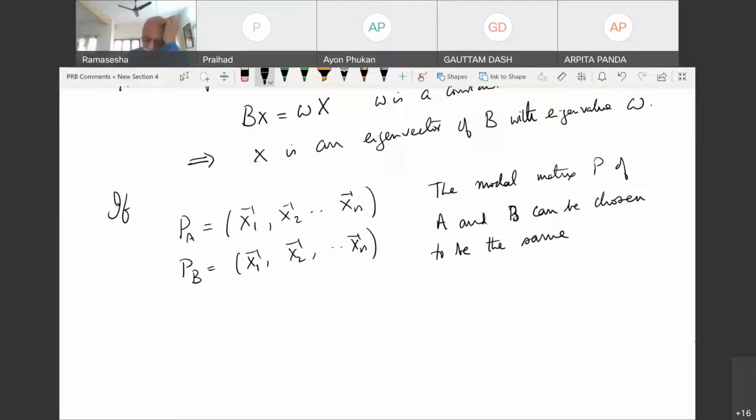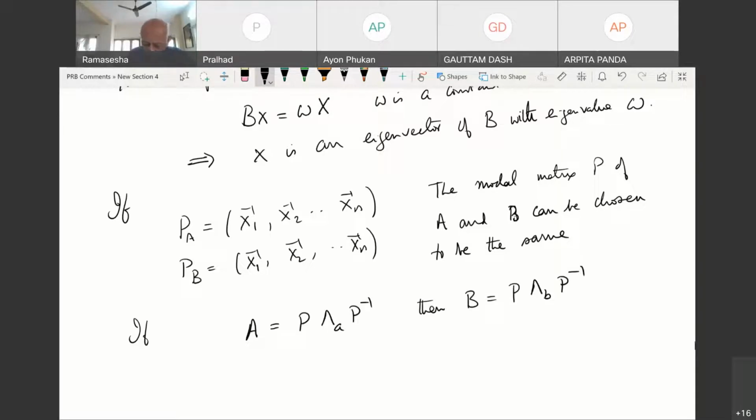Okay, that means that, what was the thing that I had? P inverse A P, right? I had the result that A is equal to P lambda A P inverse. We can write B also as P lambda B P inverse.